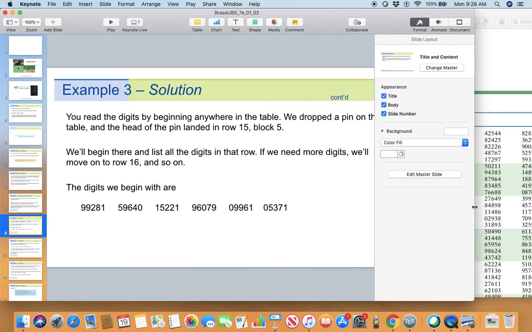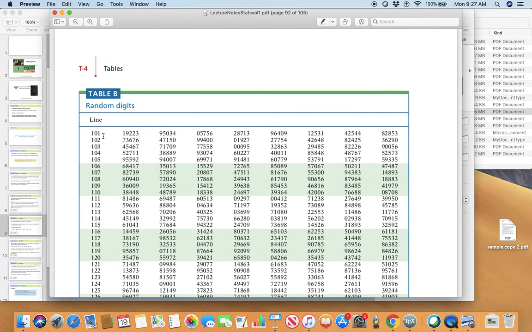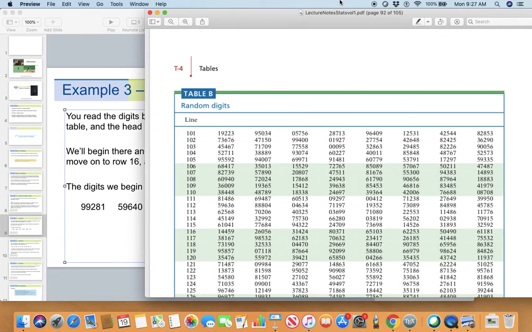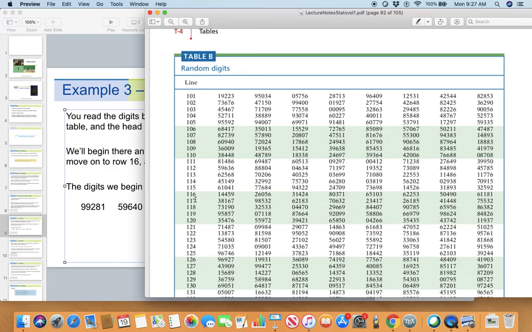So, row 15, block 5. So, let's look for row 15. 1, 2, 3, 4, 15, block 5. 1, 2, 3, 4, 5. So something like that. So we are going to start from 9, 9. So they are using a different random table, guys. That's what this means. I'm not getting the same numbers, right? Row 15, block 5. 1, 2, 3, 4, 5.